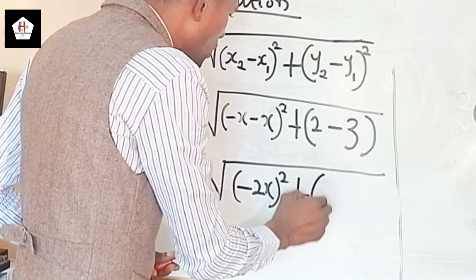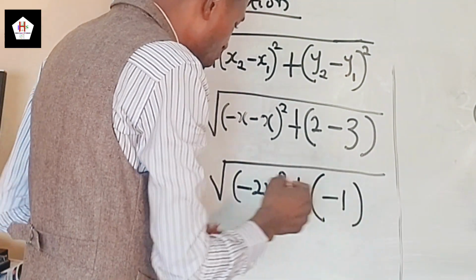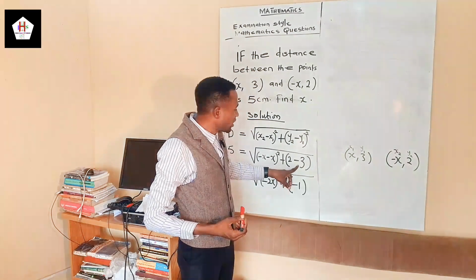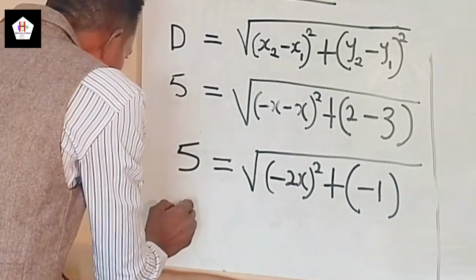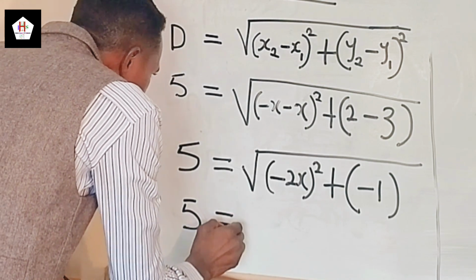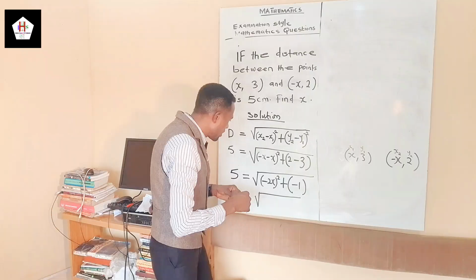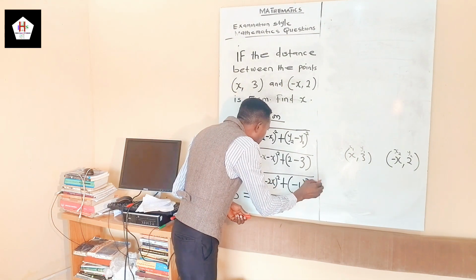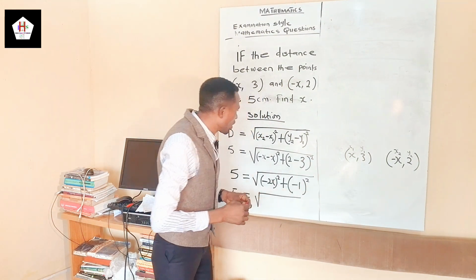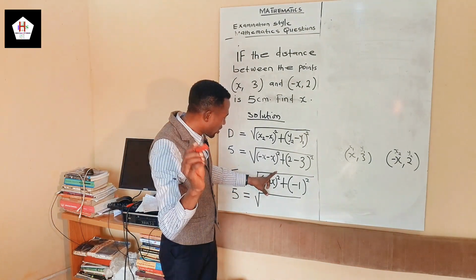Of course, we are going to have minus 1 because we are taking a bigger number from a smaller number. Here we have our 5 equal to, and this is the root sign we have. Remember, we are going to remove this root sign, but not now.